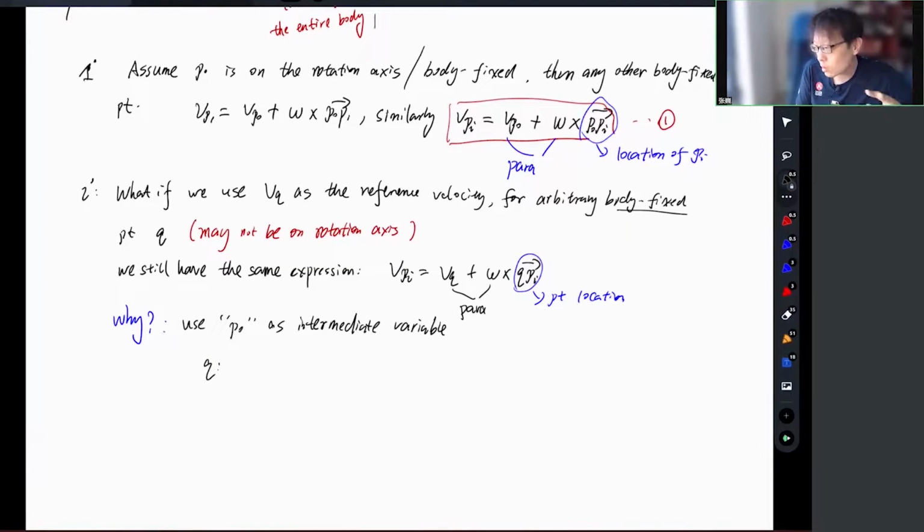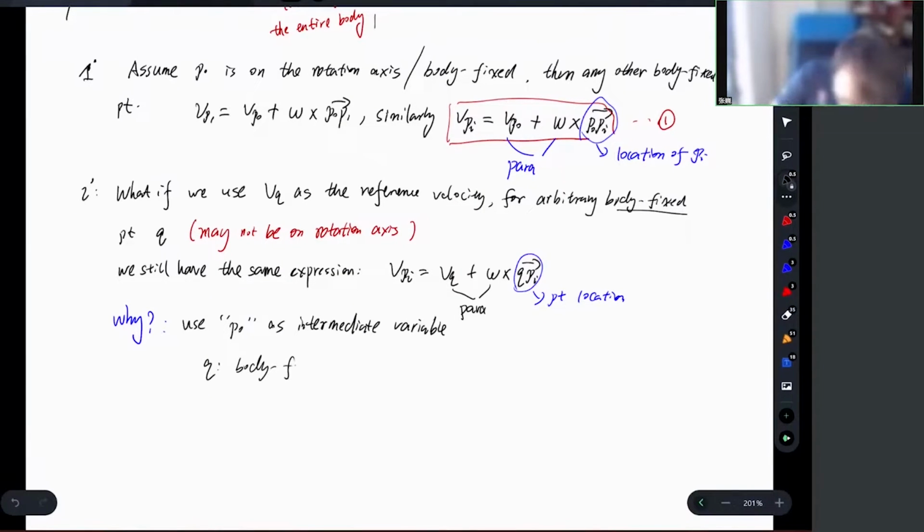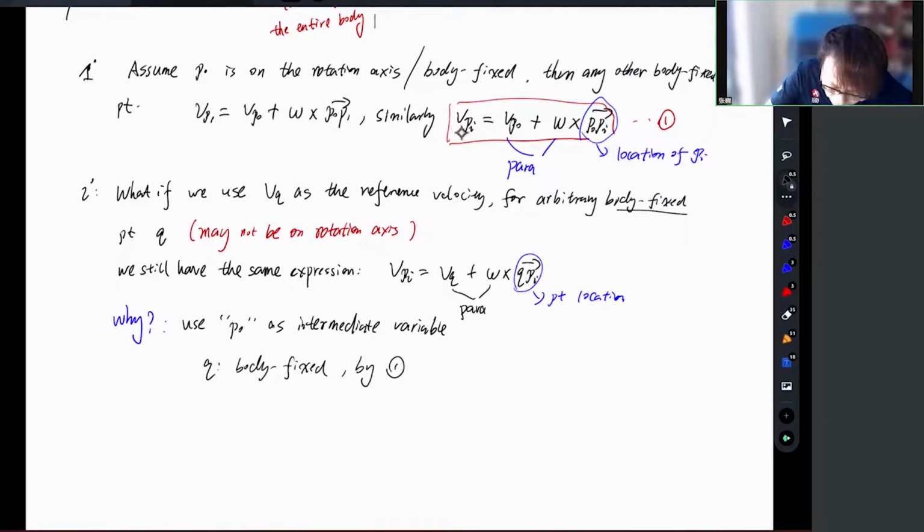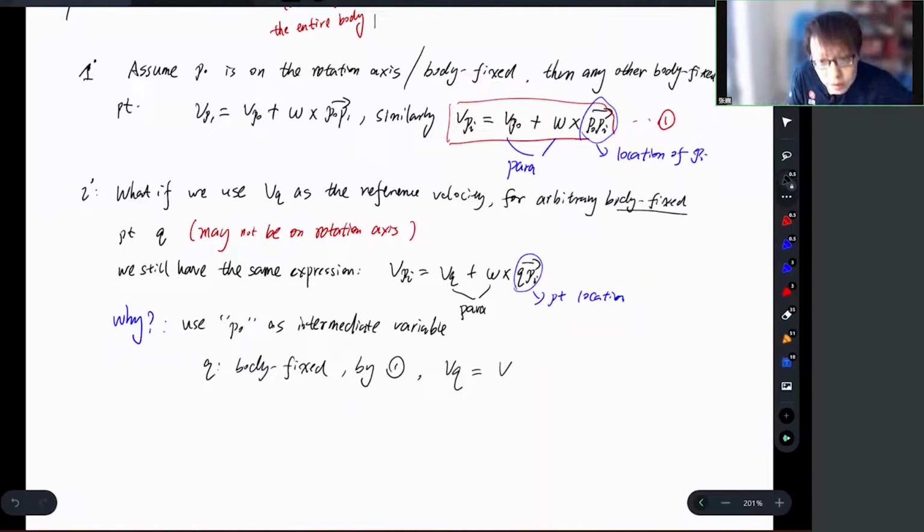We didn't assume it's on the rotation axis. Because this is body fixed, by equation 1, we can replace PI by Q, and then we know VQ is body fixed, so it can be written as VP0 plus omega cross what? P0 to Q, right? This vector.